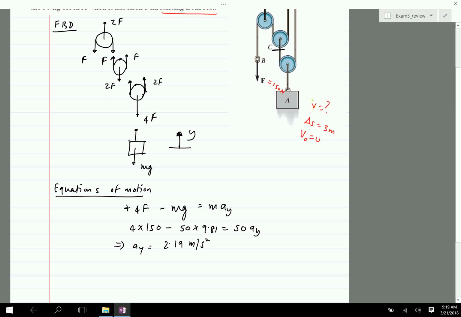Then we are asked to find the velocity when particle A has moved a distance of 3 meters. What we notice is that the acceleration is constant. If the acceleration is constant, you're allowed to use those formulas which we did probably in the first chapter: V equals V0 plus AT, S equals UT plus half AT squared, and there's a third one, V squared equals V0 squared plus 2AS.